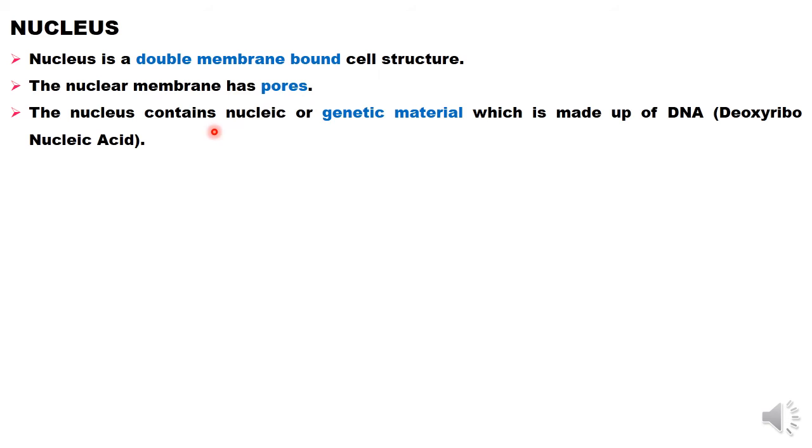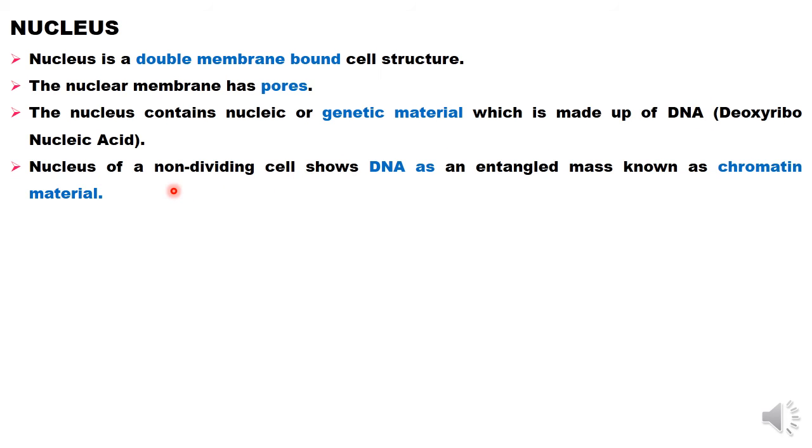Now, the nucleus also contains genetic material or nucleic material, which is made up of DNA. The nucleus of a non-dividing cell will show the DNA as an entangled mass known as chromatin material. Now, chromatin is made up of DNA and a few very specialized proteins, which help to package the DNA within such a tiny space. You know that eukaryotic cells range from 5 to 100 micrometer.